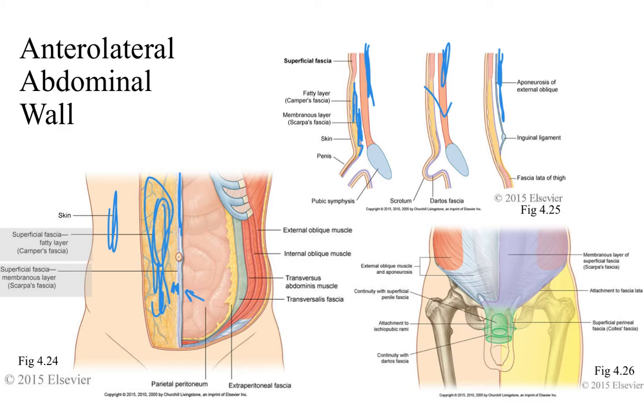And then down here we see the membranous layer of the superficial fascia without Camper's fascia in front of it. And on this side we see the aponeuroses underneath. So you can clearly see that they are distinct layers from one another. And then of course the muscle would be here. The muscle and this aponeurosis would be lying on the same plane, and again underneath this superficial fascia.